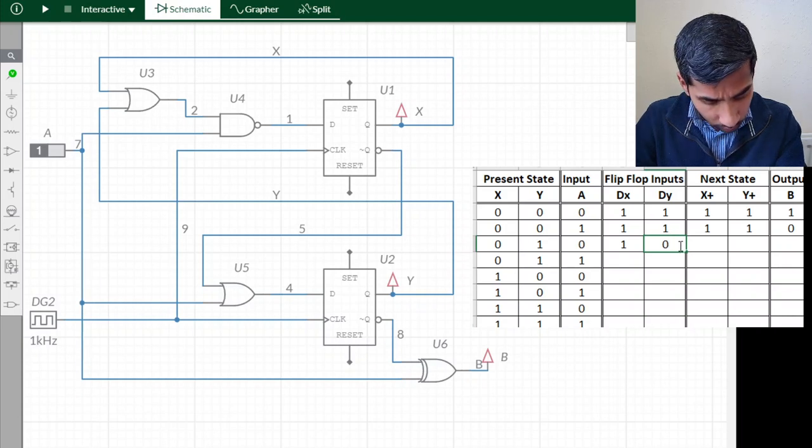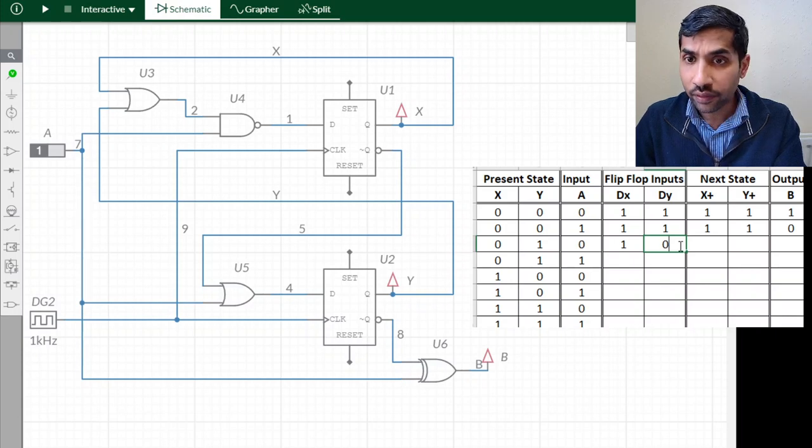Okay, I've got it slightly different in my notebook, so I'm just going to check this again. So let's take a look at this. What is x? X is equal to 0, so this is going to be 1. And what is a? A is 0, so that's right.